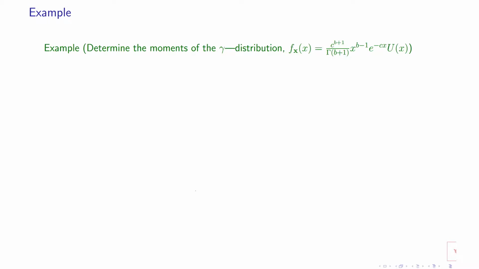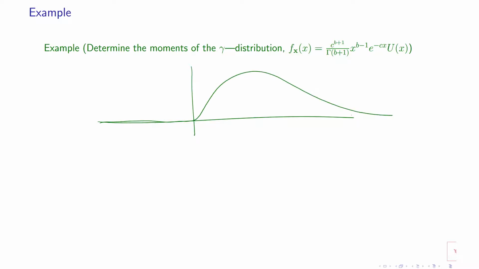So let us have one example. Consider a gamma distribution. We have seen that the gamma distribution is a non-negative distribution. So here you have 0, and then you have a function like that. It has an exponential term which decays exponentially, and then you have a polynomial term. Around 0, your function is about x to the power of b minus 1 times this constant.